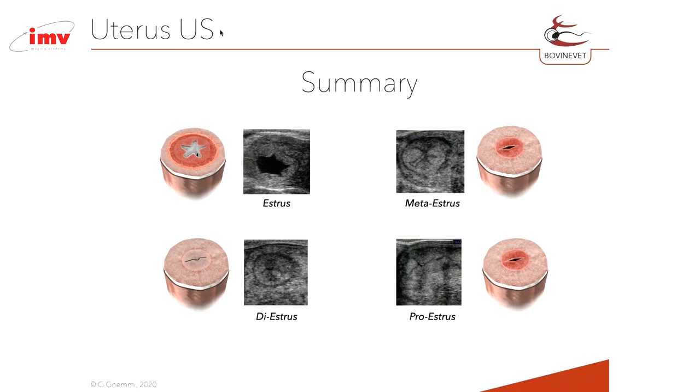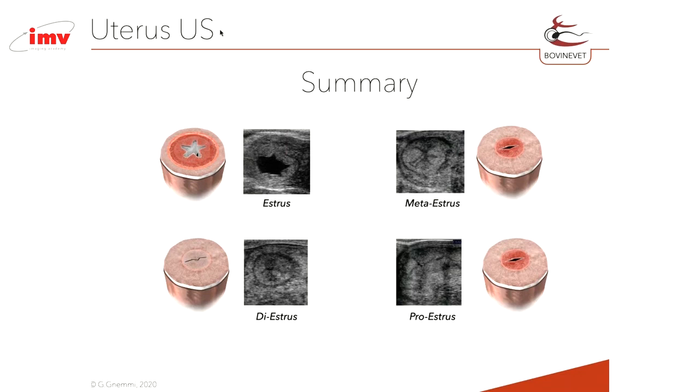The vascular tone also improves, so the blood supply to the uterus improves a lot, the endometrium becomes thicker, and the shape of the lumen becomes like a star image or Christmas tree, and a lot of artifact called specular reflection appears.